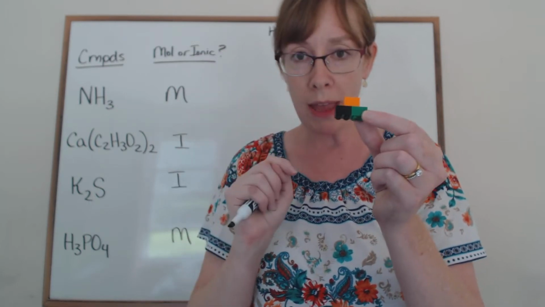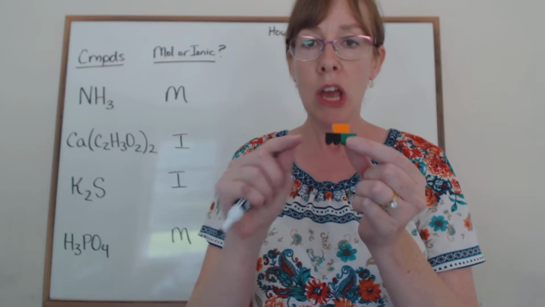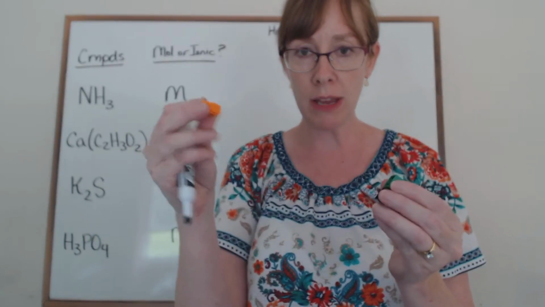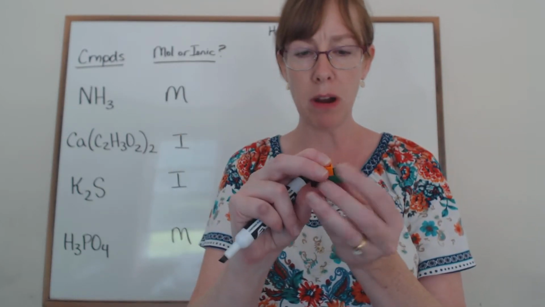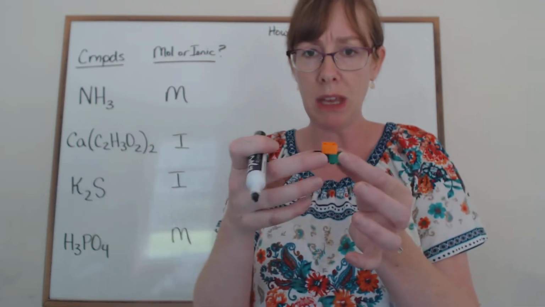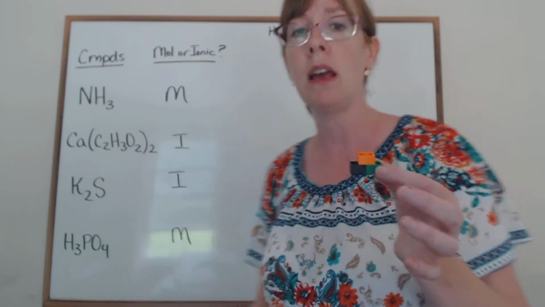How much does it weigh? Well, a molecule is just the sum of the parts. So H2O would weigh as much as oxygen weighs and 2 hydrogens. Does that make sense? If you're trying to weigh a total of something, you just add up all the pieces, and that would be how much the whole thing weighs.